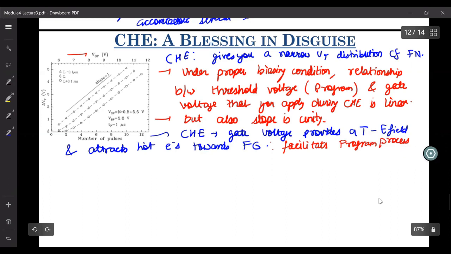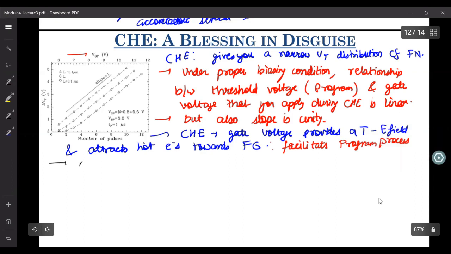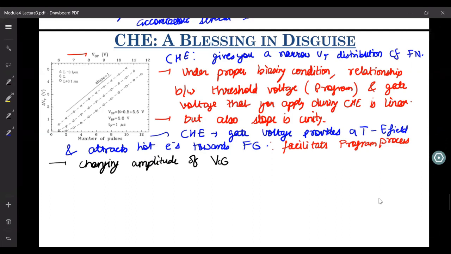So what people do is they apply the same drain potential, but just by changing the amplitude of the control gate voltage, VCG, they change the VT. And since the slope is unity, you can see over here, VGP or the control gate pulse amplitude is shown on your x-axis on top, and the change in the threshold voltage is shown on your y-axis.